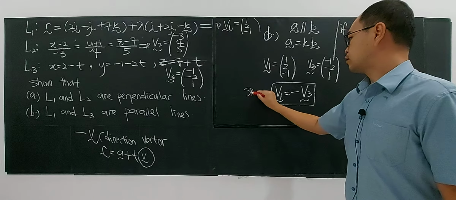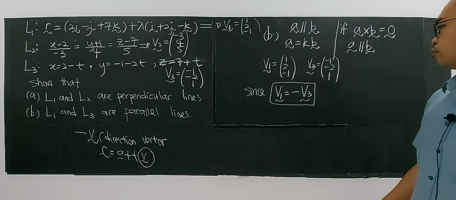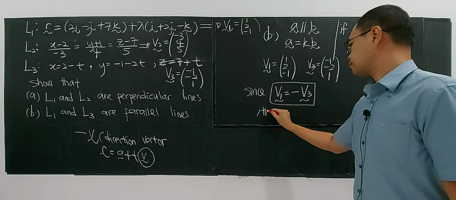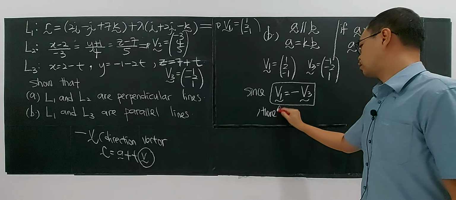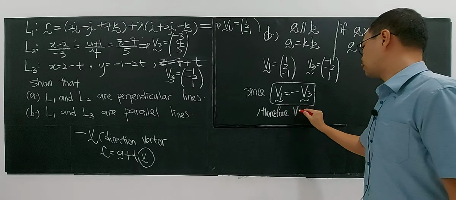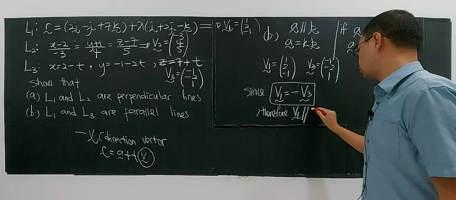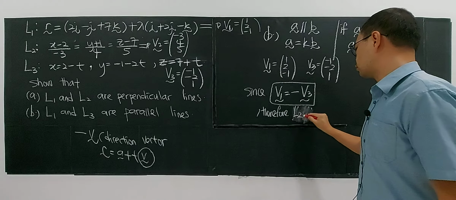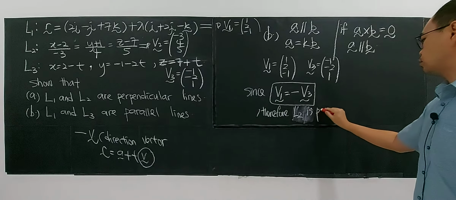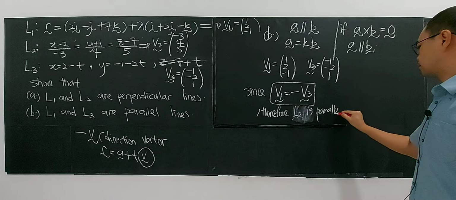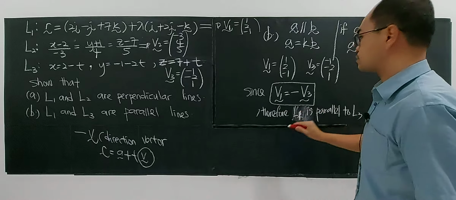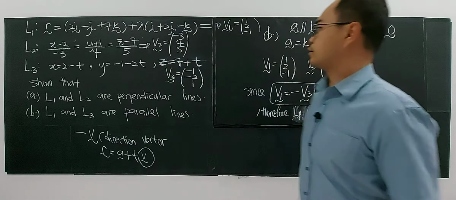So since V1 equals the negative of V3, therefore line 1 is parallel to line 3.